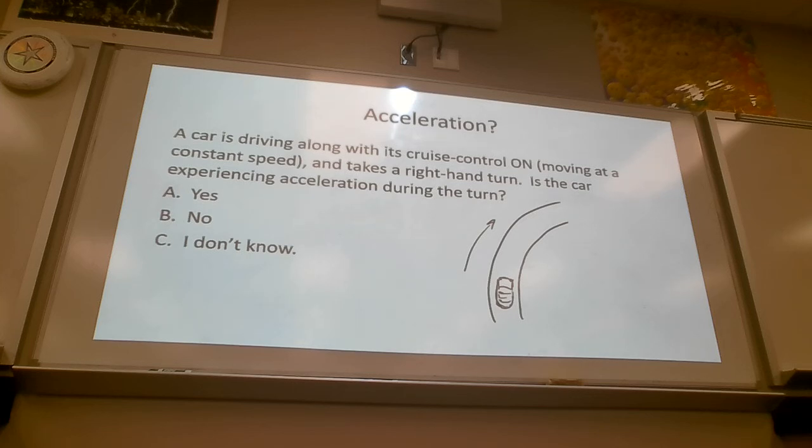Tell your neighbor and tell them why. Yes. It's changing. Oh, yeah. It's not accelerating, but it's at a constant speed, it's not accelerating.